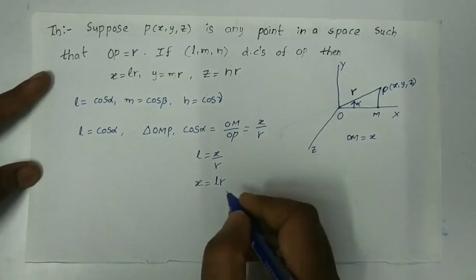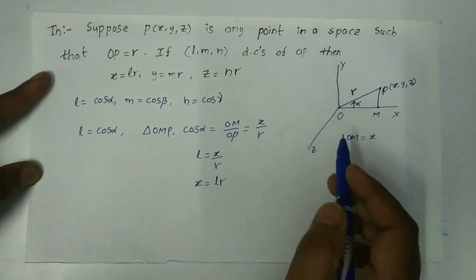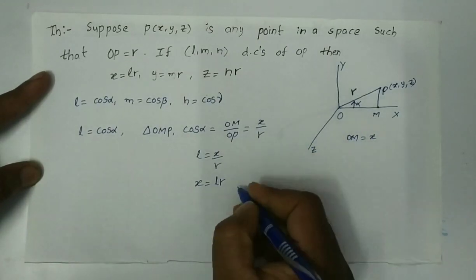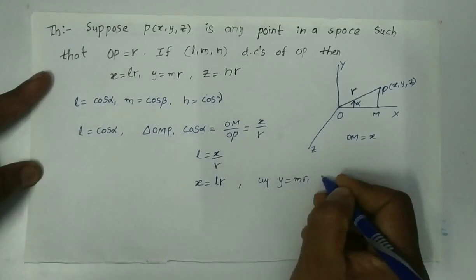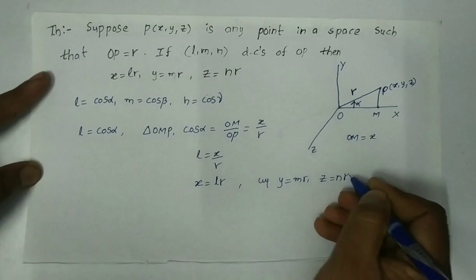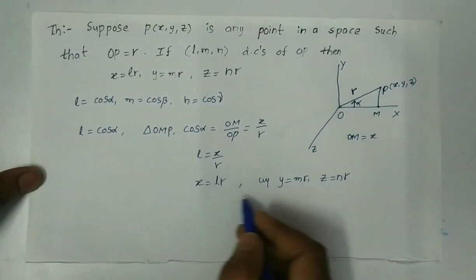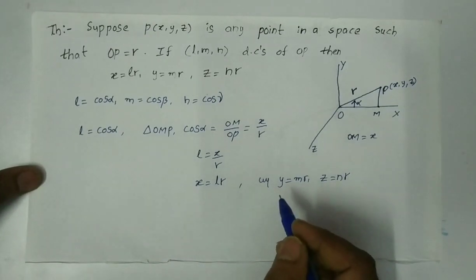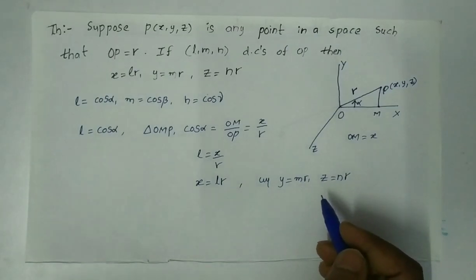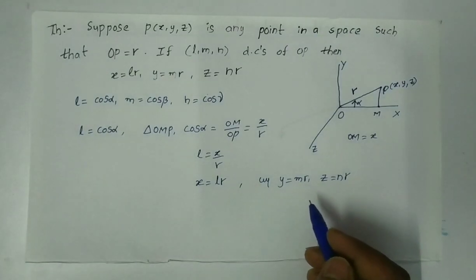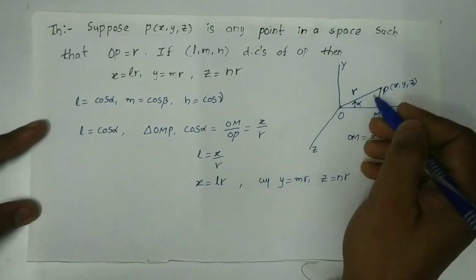Similarly, by drawing perpendicular lines to the y and z axes, we will get y is equal to mr, z is equal to nr. If you observe, students, here OP is nothing but r.